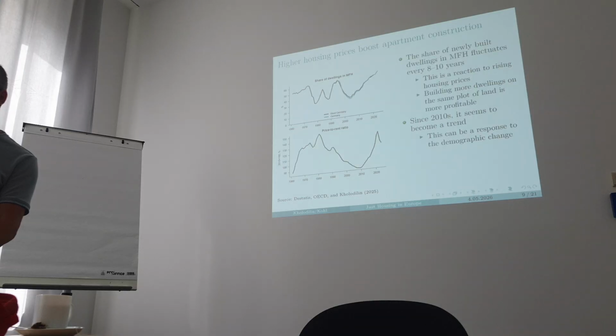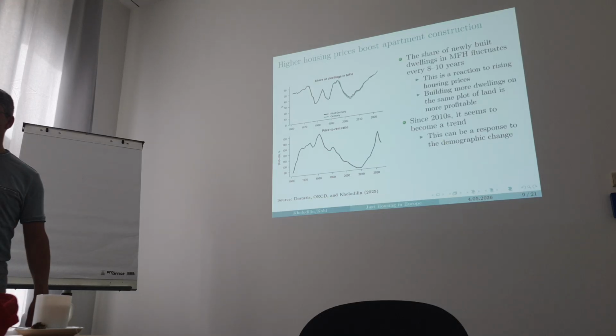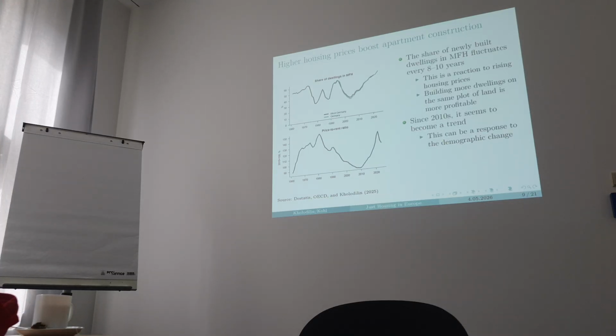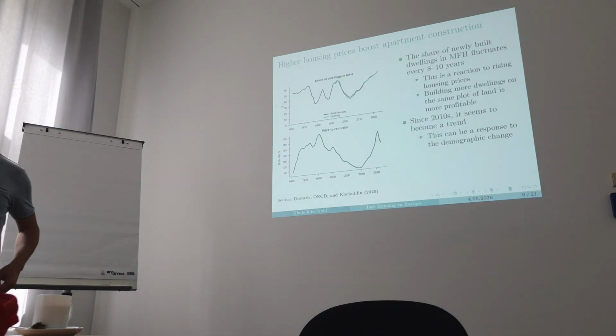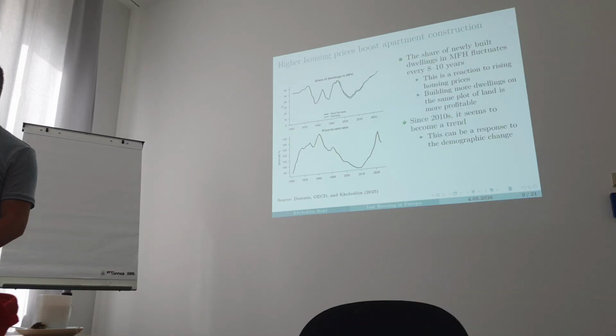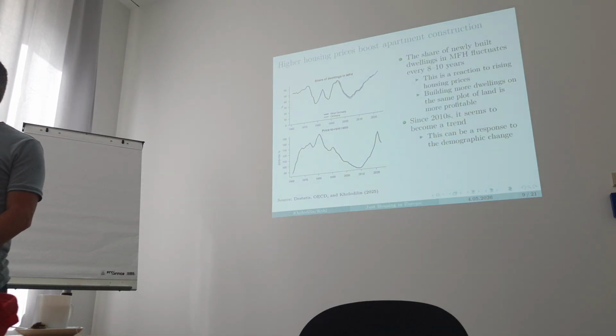But there are also some cyclical fluctuations that are superimposed on these trends. And my idea is that it's related to housing bubble and bust cycles. For example, here we have data for Germany. This is the price-to-rent ratio, which is typically used to measure the booms and busts in the housing market.